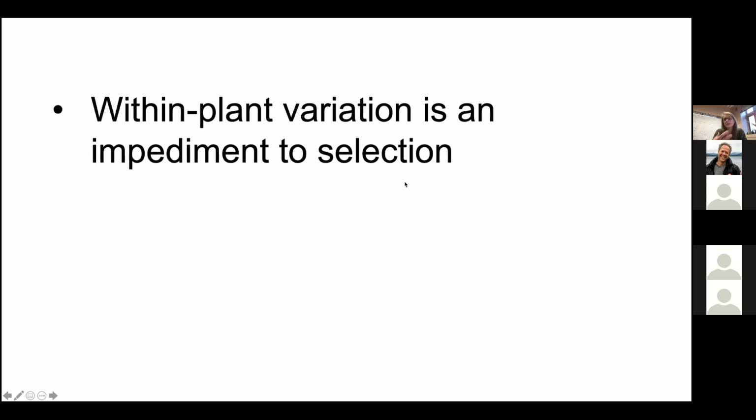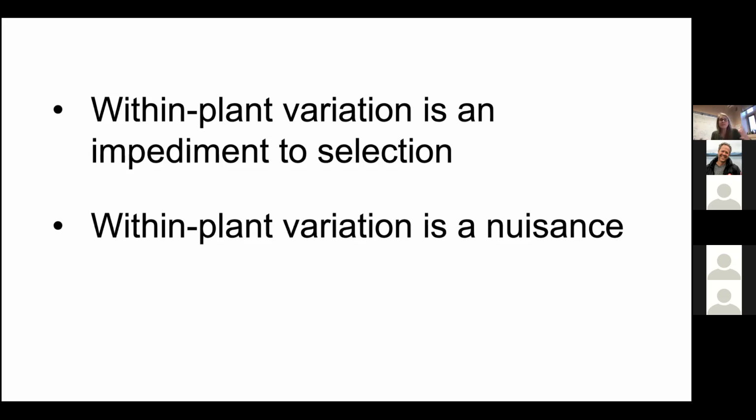A second dominant perspective is that within plant variation is a nuisance. And that's also true because it's one more thing you have to take into consideration in your experimental design when you're working with plants. So both of these perspectives are right, I don't disagree with either of them.